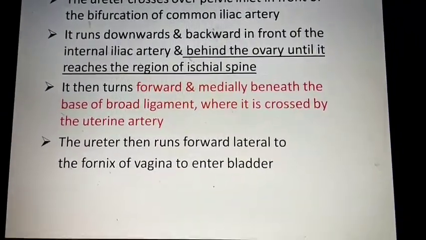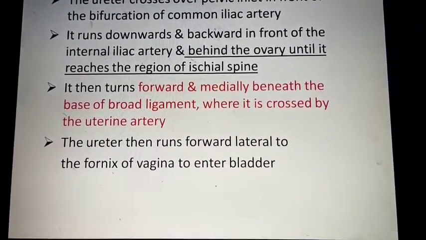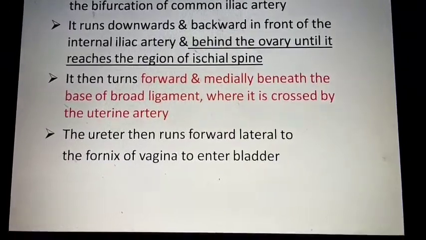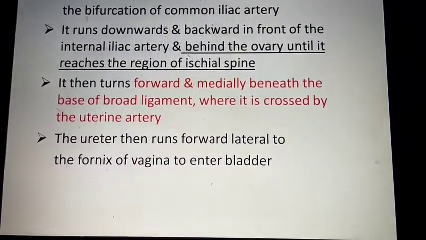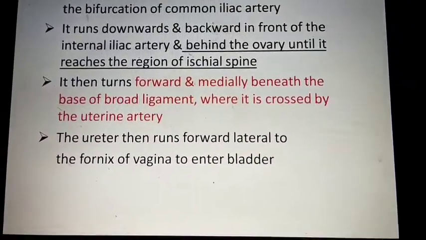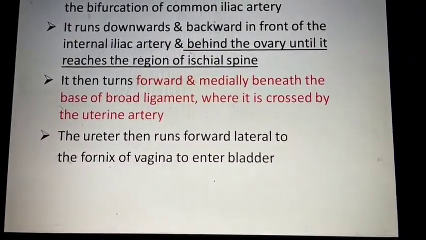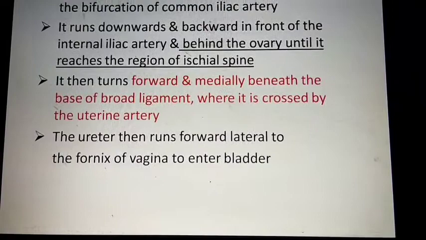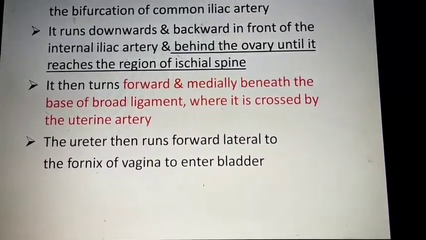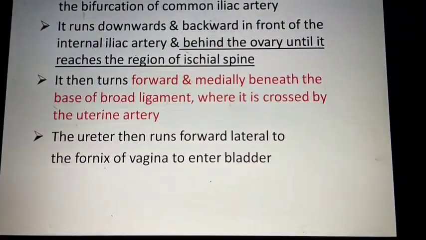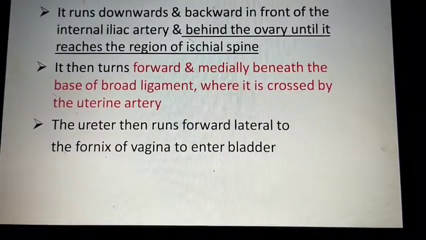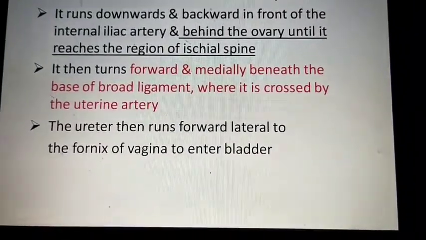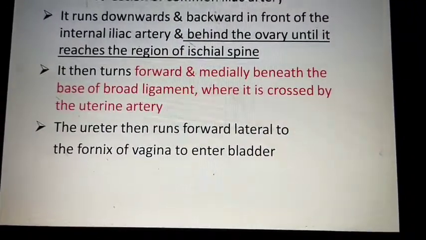If you don't know it, there is a chance of injuring the ureter. That is why you should know how the course of the ureter differs in the male and female. Along with the base of the broad ligament it comes medially and crosses the uterine artery. During ligation of the uterine artery, there is sometimes an injury to the ureter.